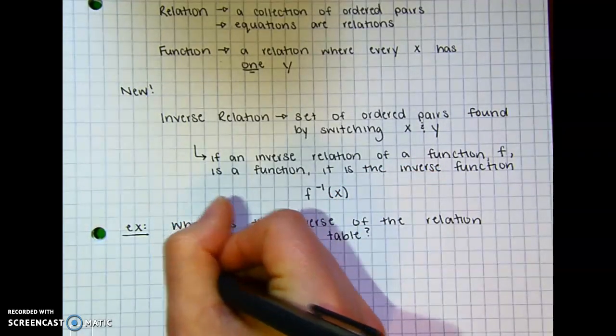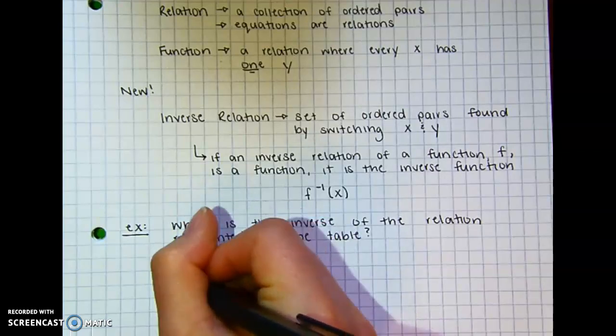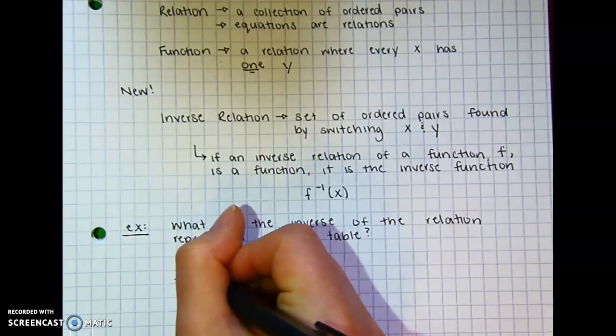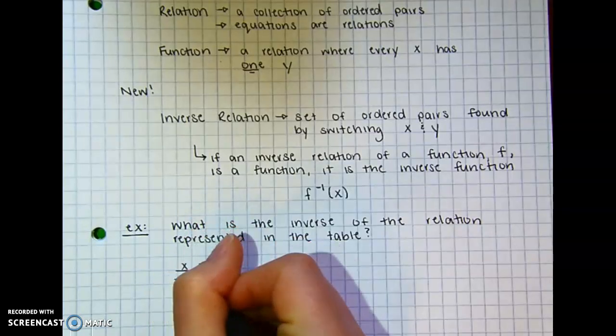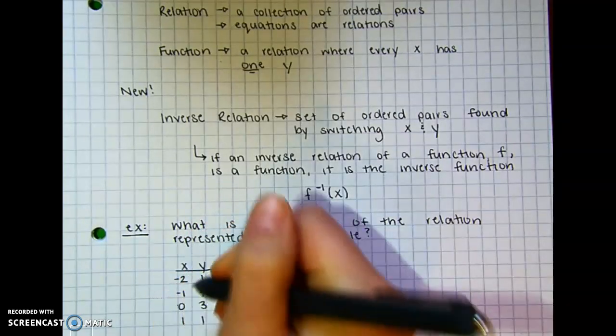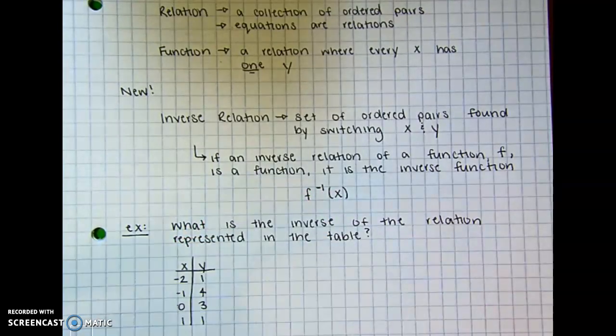So first, here is your xy table. We're going to do -2, 1, -1, 4, 0, 3, 1, 1. Okay, so that's everything you are given.